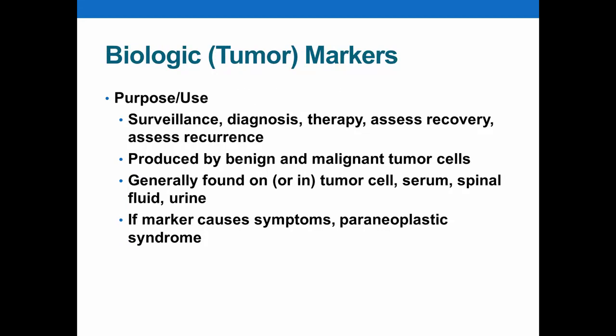Let's take a look then at biologic tumor markers. When we look at these tumor markers, we have to remember their purpose and their use. The purpose of following and measuring tumor markers is for surveillance, diagnosis, to guide our therapy, to assess recovery, and/or to assess recurrence.